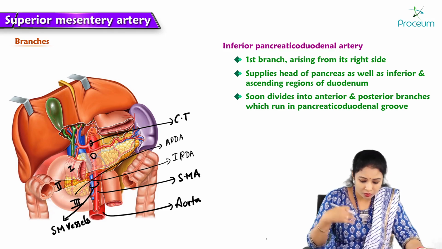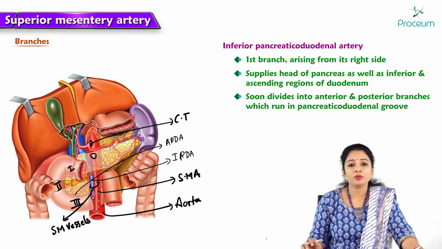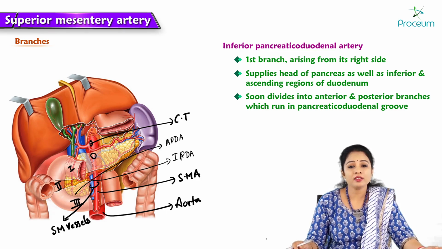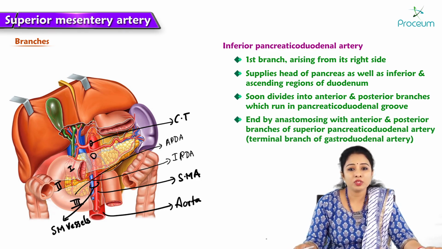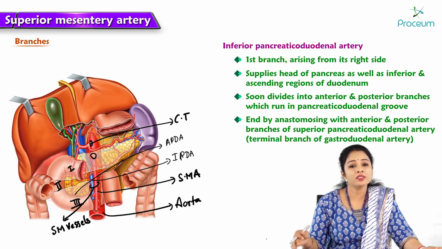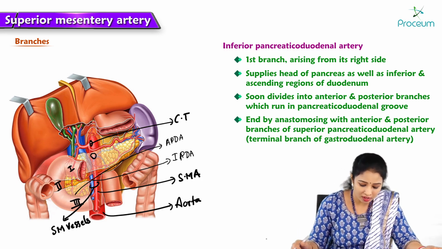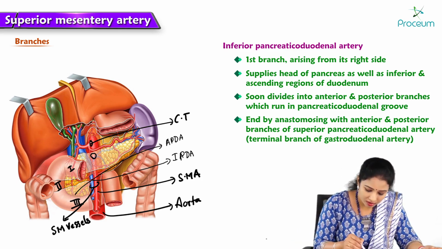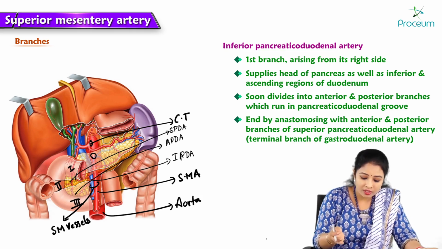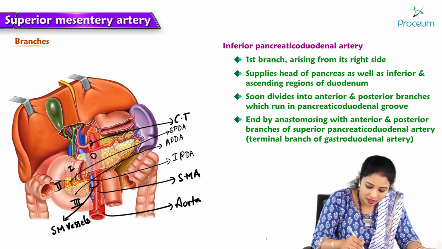The one towards the posterior side is the posterior pancreaticoduodenal artery, and these arteries end by anastomosing with the superior pancreaticoduodenal artery, which is a terminal branch of the gastroduodenal artery. We can see here they are continuous with the superior pancreaticoduodenal arteries, which are the branches of gastroduodenal.